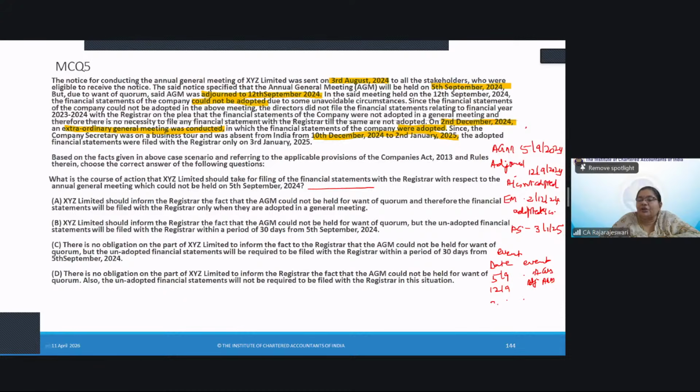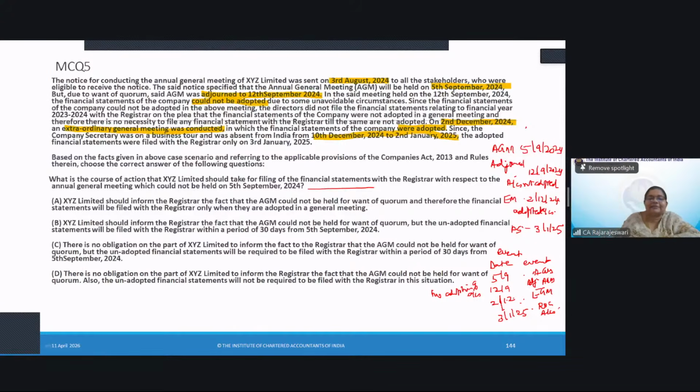Then the EGM was called on 2nd December, wherein the accounts were adopted. So here, no adoption of accounts. Then filing on 3rd January 2025, filing of the accounts with the ROC.